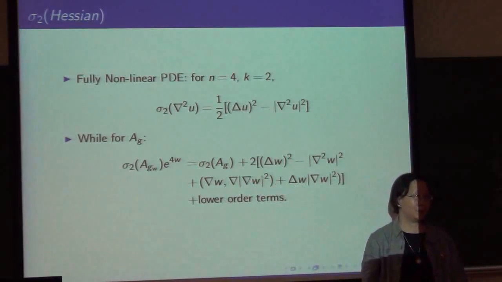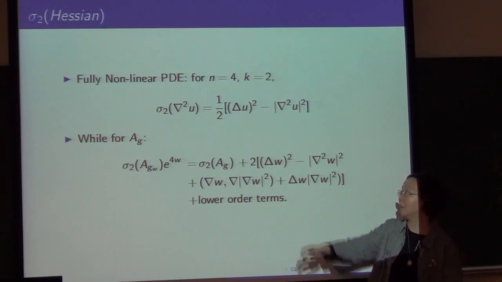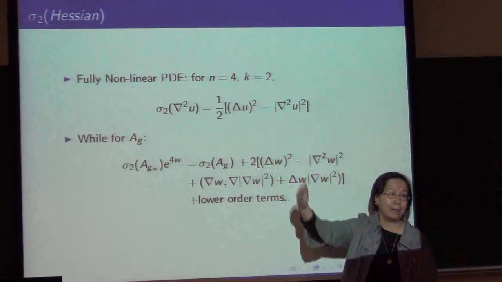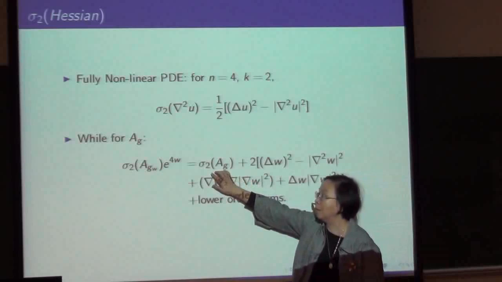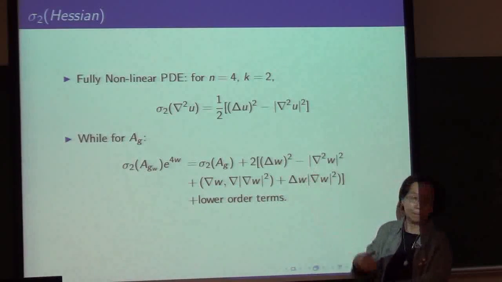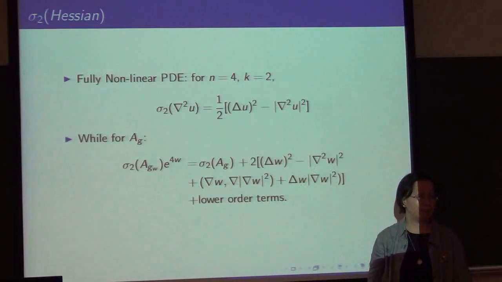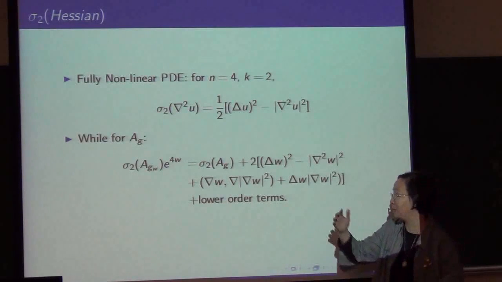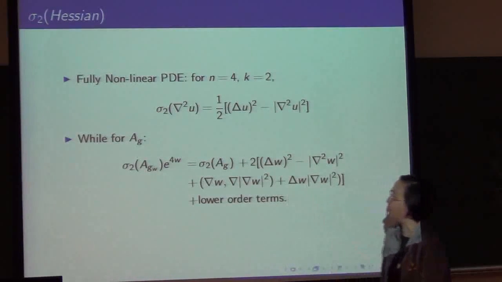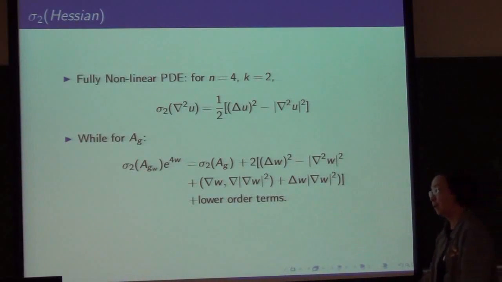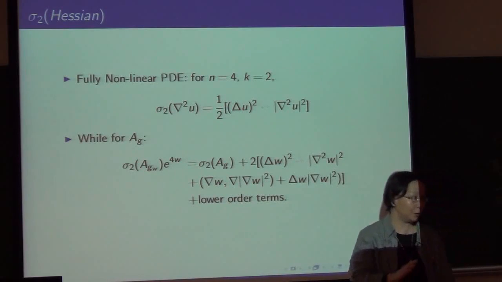So in theory, you will think that maybe the technique to study this highest order term would apply to study this second symmetric function of the Hessian of the Schouten tensor. You use the same technique, you know in PDE the highest order term is the most important term. So you expect that the result can be applied. But it turns out the result is a little bit more delicate.